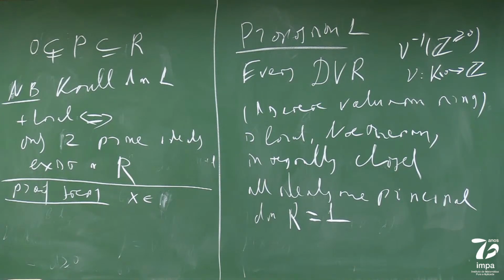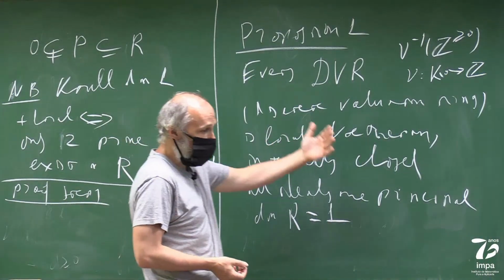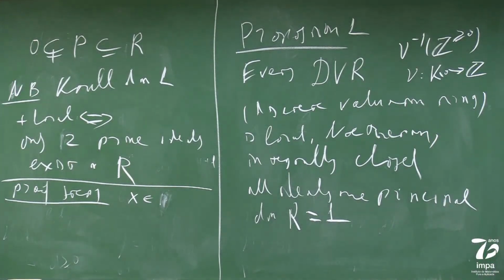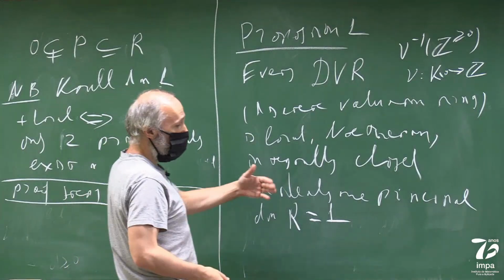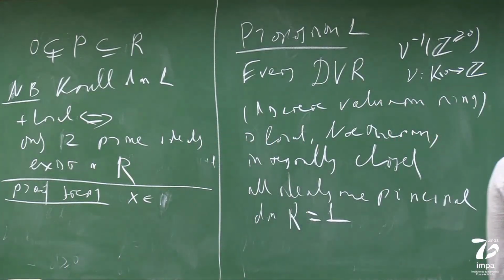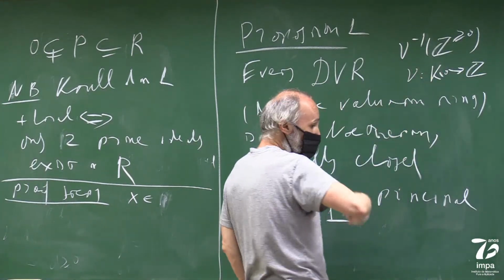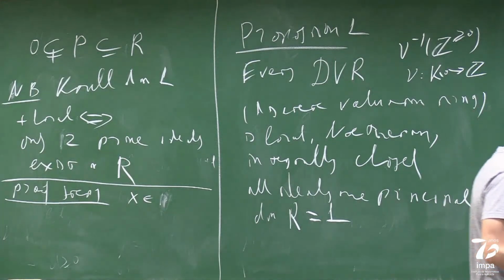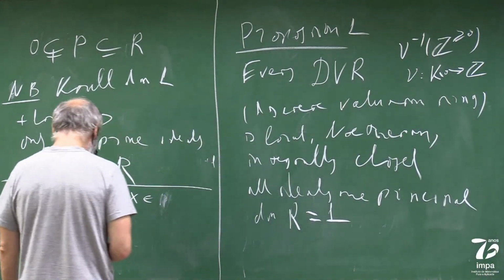This is because nu of something, where you have prime p, is the maximum number, the divisibility number: you divide your element by p and you take the maximal power, but since 0 is divisible by any power of p, if you want to extend nu to 0, you will obtain infinity, and this would actually satisfy these properties as well. I'm not doing it, but sometimes people do this.